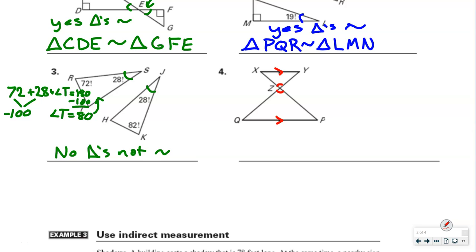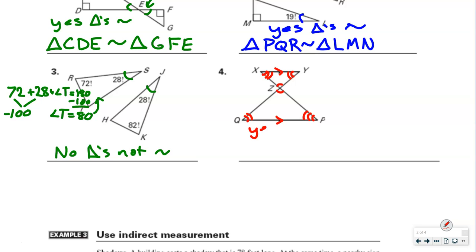So we've got an alternate interior angle here at Y and Q, and also one at P and X. So either way, I could look at just my alternate interior angles and get my 2 angles necessary, or I could look at my vertical angles and then one of my alternate interior angles, and I'd have all the angles necessary to prove my triangle similar.